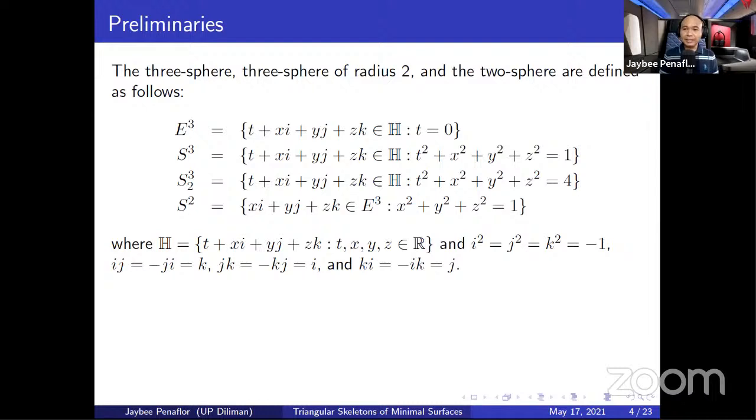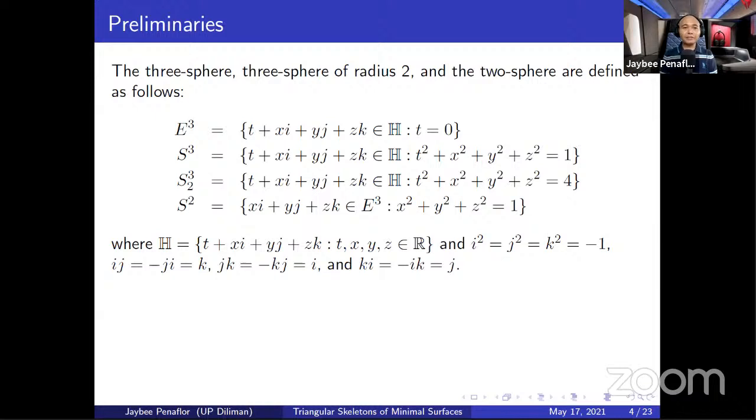Clearly, we can see that t plus xi plus yj plus zk is a general quaternion number. And in this particular space, E3, we notice that this is a subset of a four-dimensional space. In fact, this is a projection of the four-dimensional space onto a three-dimensional space.